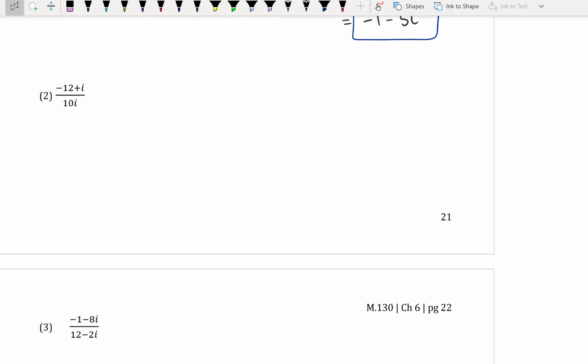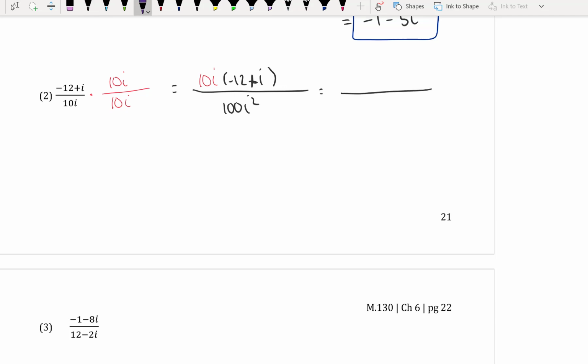Now, looking at number 2, I know that I need to multiply top and bottom by my 10i. When I do that, I have my 10i times negative 12 plus i. And down at the bottom, I have 10 times 10, which is 100, and I have my i squared. Well, my numerator, when I multiply that, I'll get a negative 120i plus my i squared.